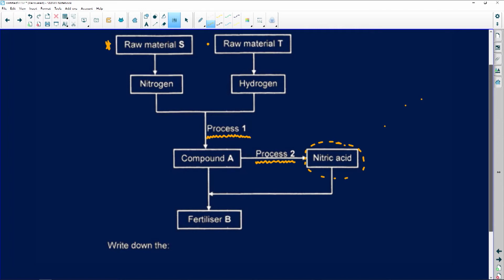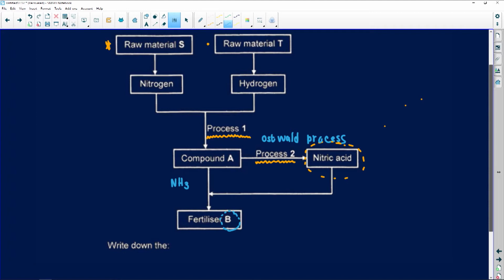We already found compound number A. Just want to use a different color. So compound number A was NH3. That's what we got. Process number 2, we found that it was the Ostwald process. This also works for me if you actually work on the paper. Ostwald process. Now I see I need to form compound number B.